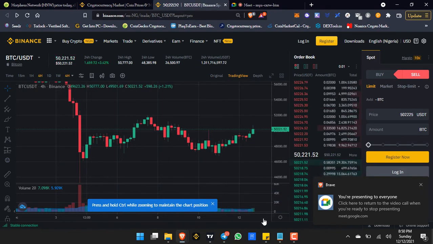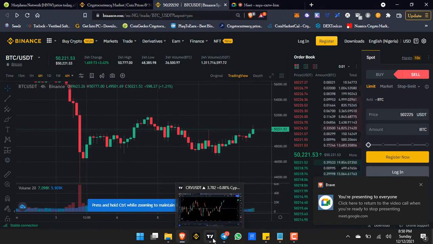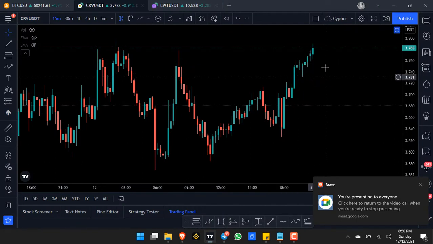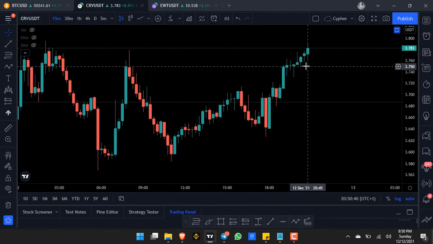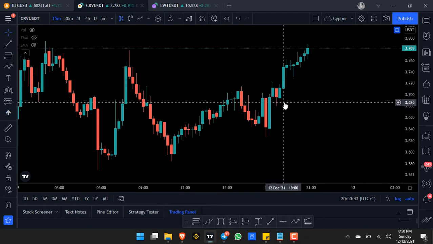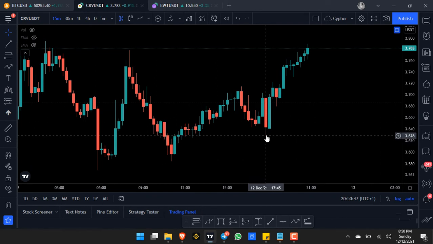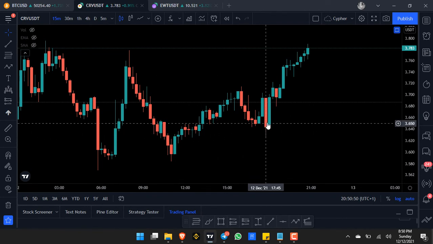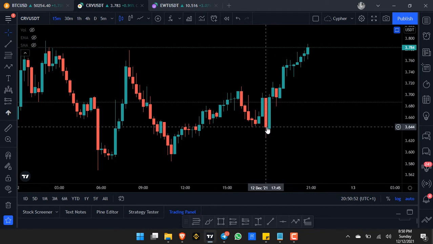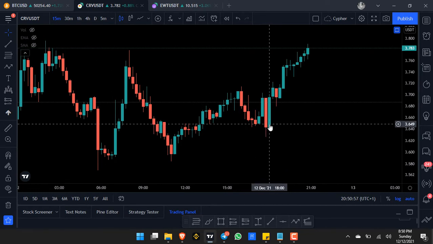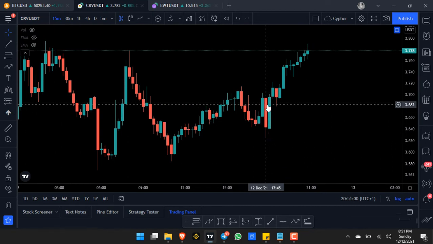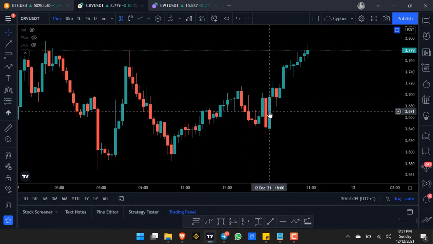For each candlestick, anyone you're seeing that is red in color means that for this particular 15 minute time frame there were more sellers in the market than buyers. What this green indicates is that for the 15 minutes that this candlestick was formed and closed, there were more buyers in the market than sellers.